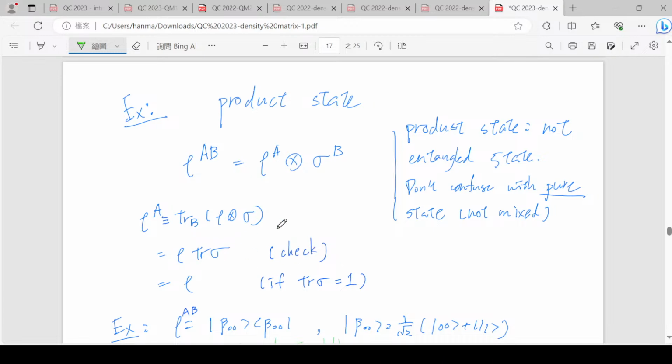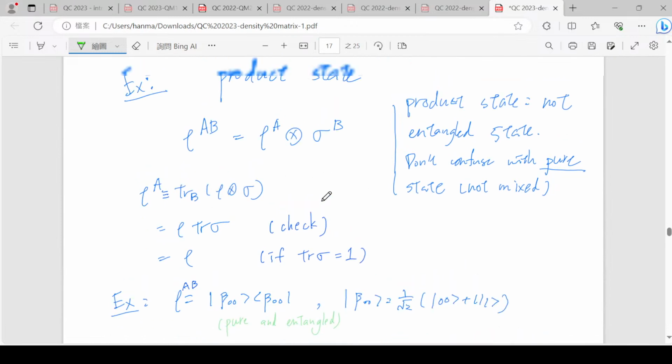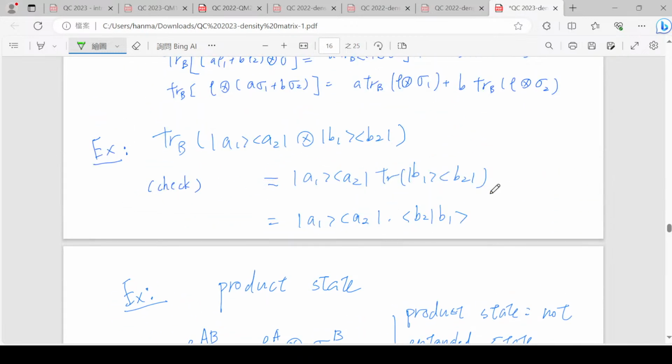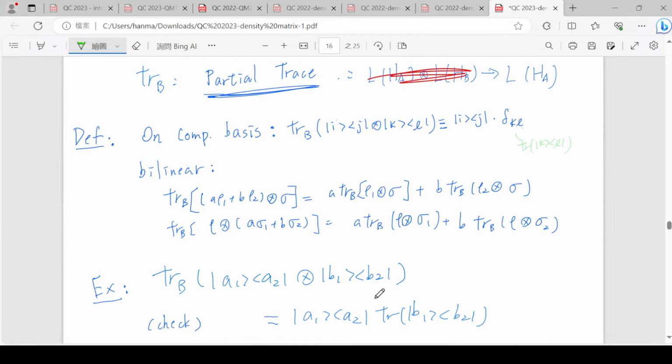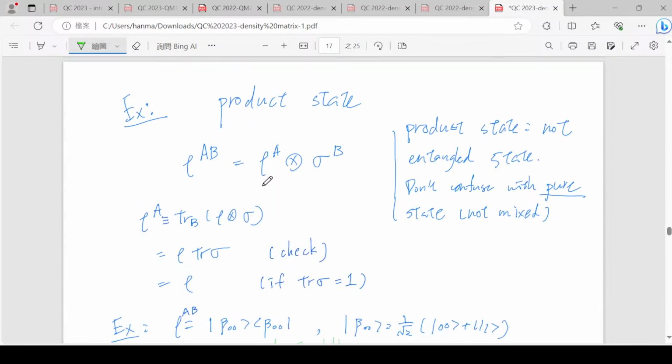And actually, this is something you need to prove. If you are very careful, you need to check this. We can derive this from just decomposing everything in a basis and using linearity. It's a lot of writing and not too interesting, so if you want, you can check it yourself. And here it is similar.